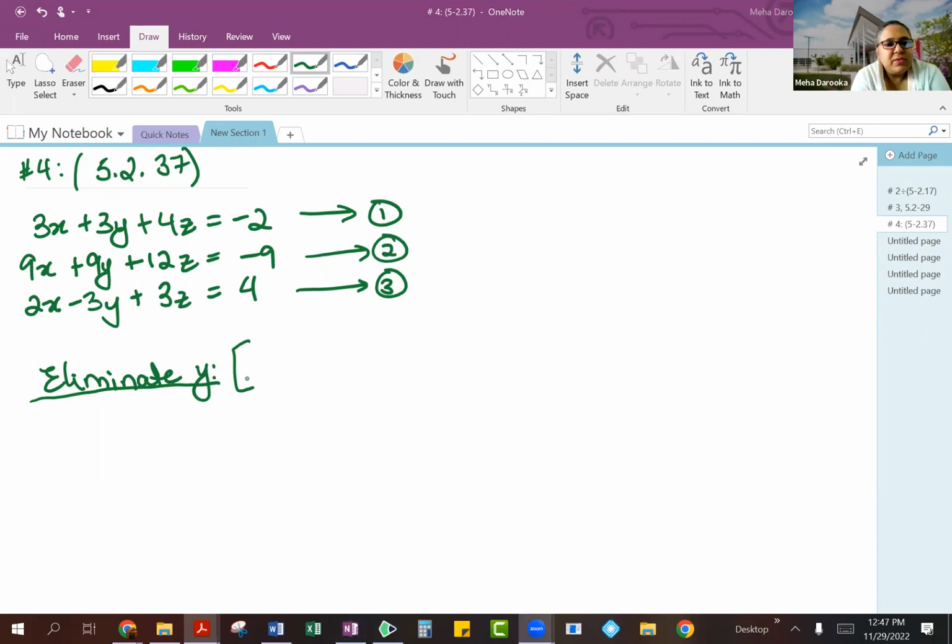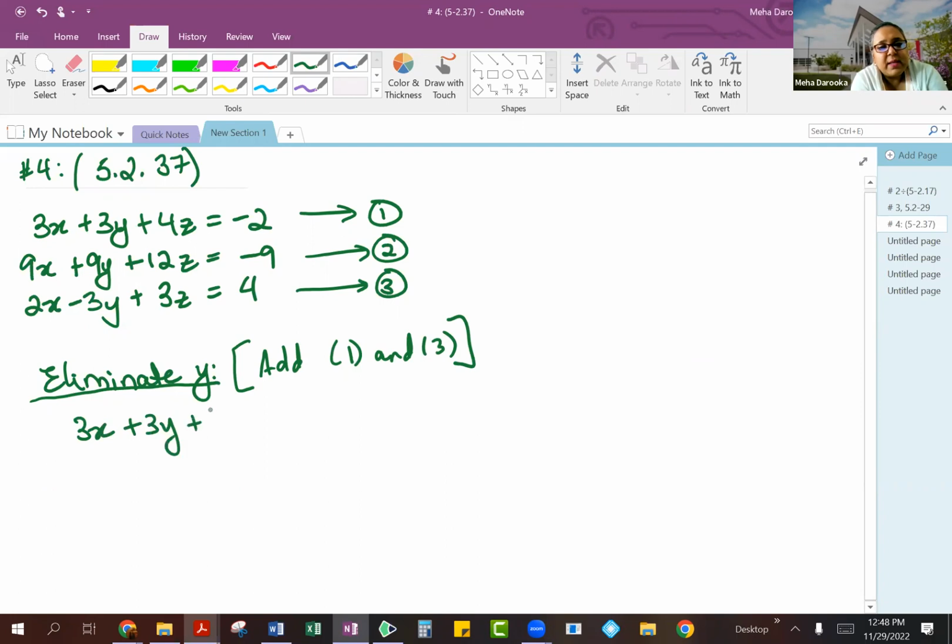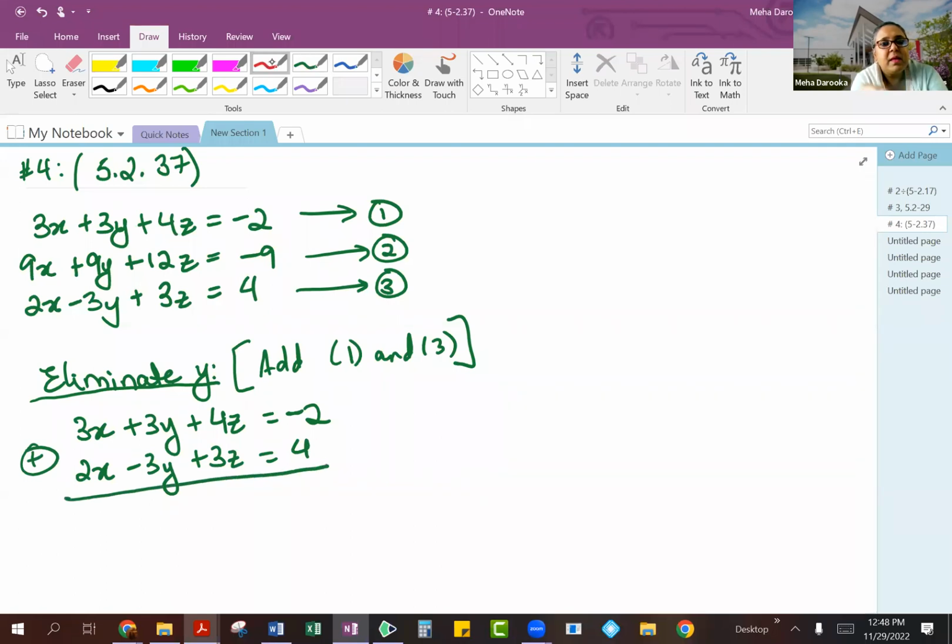All right, Jen, you are saying use equations 1 and 3. Since you are eliminating y, we don't need to make any changes to 1 and 3, because you already have the +3 and -3 on your y value. So just add equations 1 and 3. That is 3x + 3y + 4z = -2, and then 2x - 3y + 3z = 4.